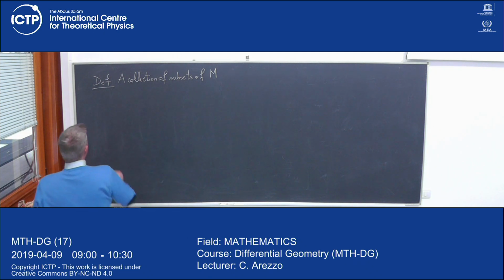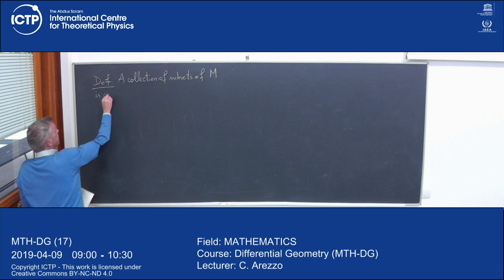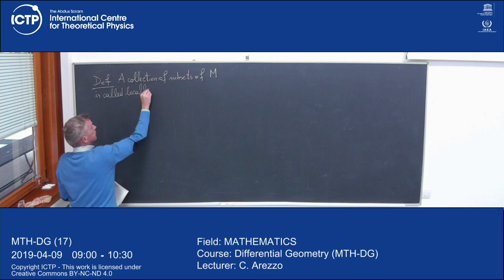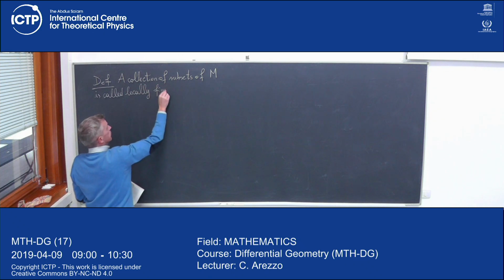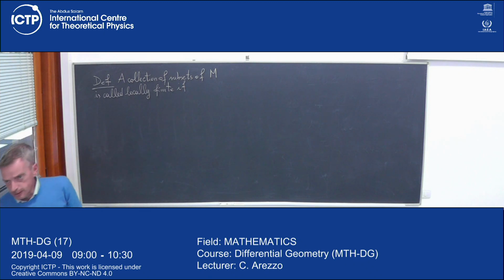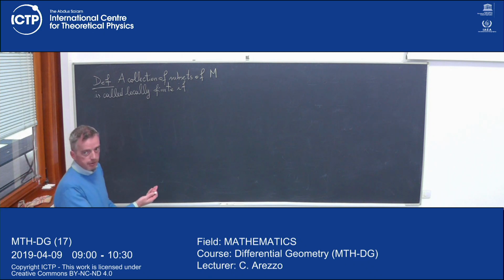It's called locally finite. Sometimes the words are well chosen. So what does it mean that it's locally finite? That for any point, only a finite number of them contains this point.